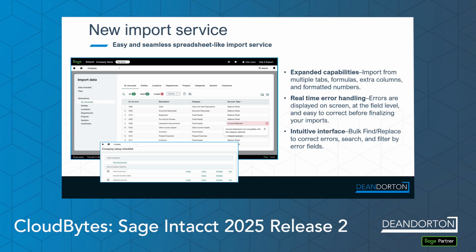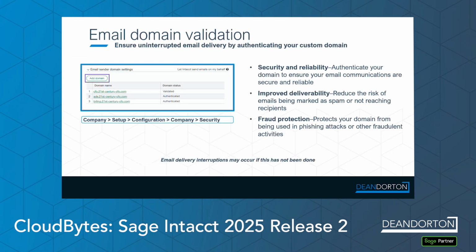So again, they're trying to design an import process that gives you the flexibility to tell the import process what your file looks like, and it's giving it more real-time error handling, and it's making it even more intuitive for an end user to be able to manage those imports themselves. So a lot of great improvements there.